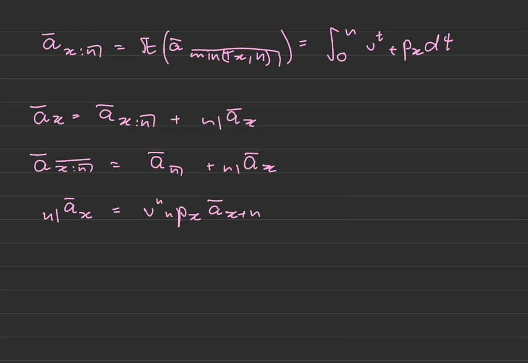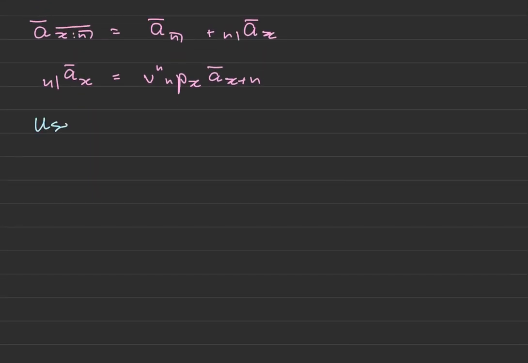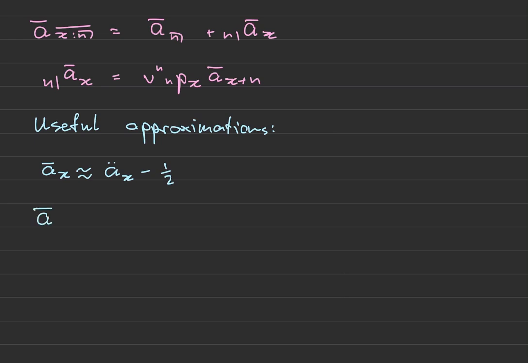Okay, now some approximations that are useful. So we have a_x being roughly equal to ä_x minus a half. I'm going to explain all of these to you. ā_x being roughly equal to a_x plus a half.